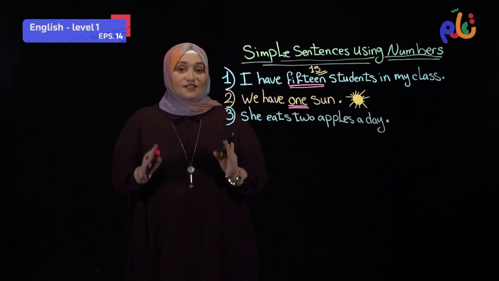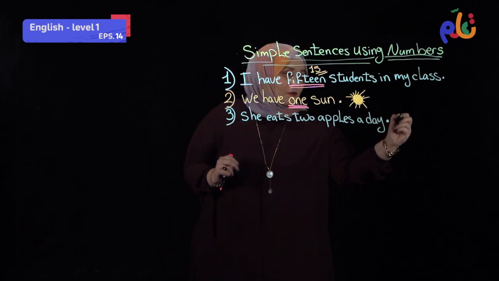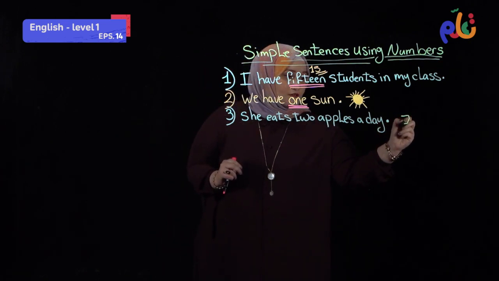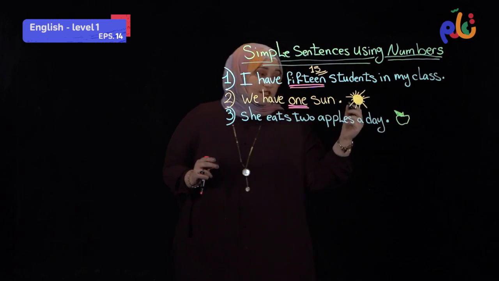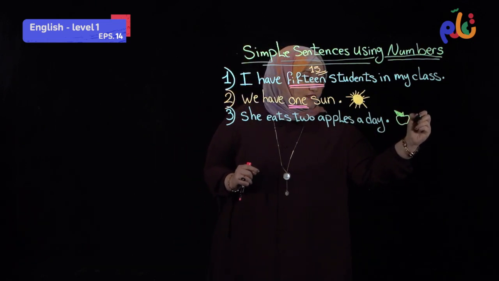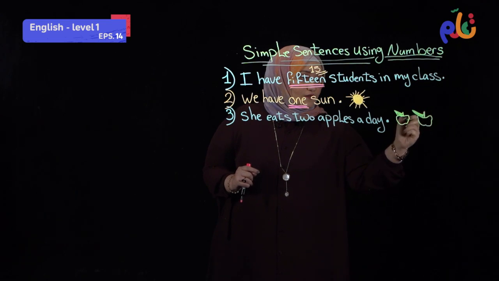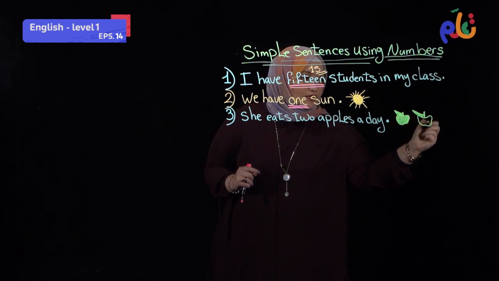And I will say she's eating a green apple. So I'm gonna draw here an apple. She is eating, or she eats two green apples a day, as you could see here. And we drew the green apples. So she eats two green apples a day. There you go.